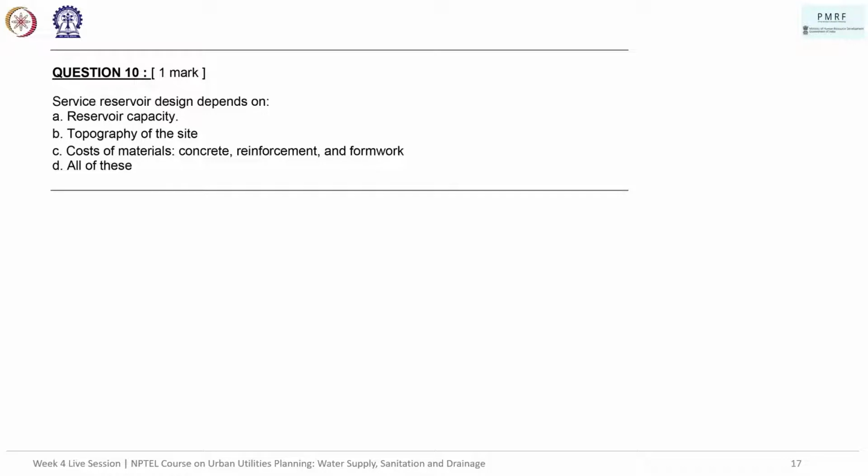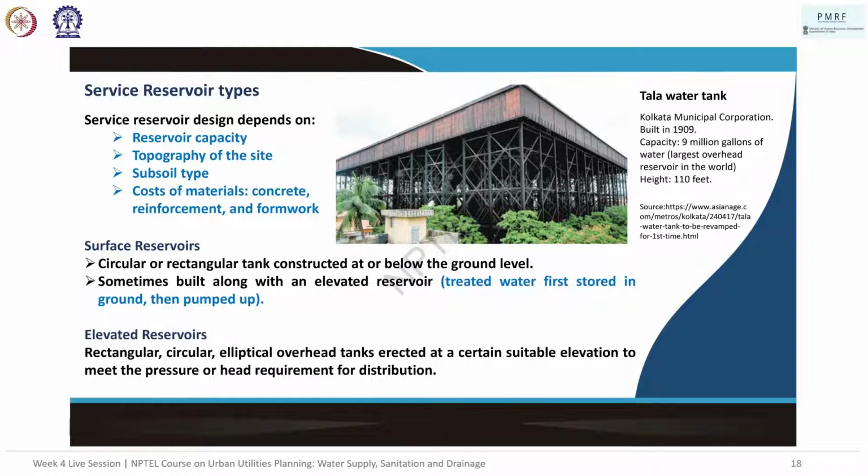Ma'am, the actual answer is D. Ashwin is right. The answer is all of these. If you notice this slide, the answer is actually lifted right out of this. So the service reservoir design will depend on reservoir capacity, as to how much capacity you actually need, how much the area or the city requires.